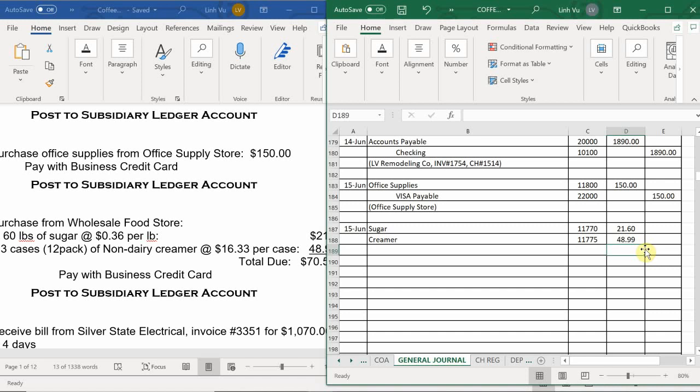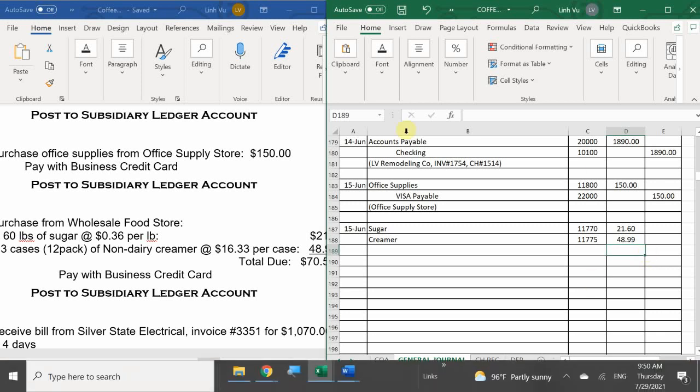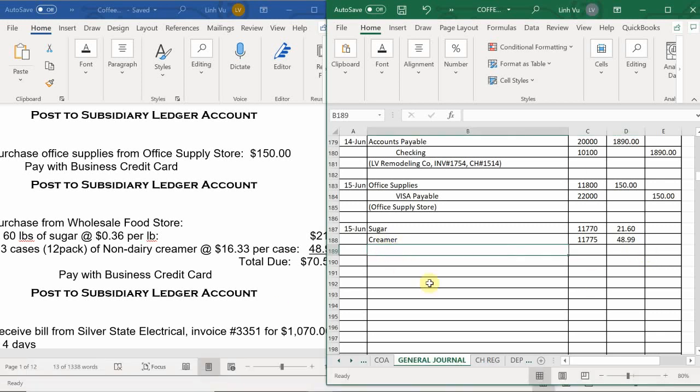So we note that. You can note that, but in this case, how do I represent in my journal that I paid with a Visa credit card?